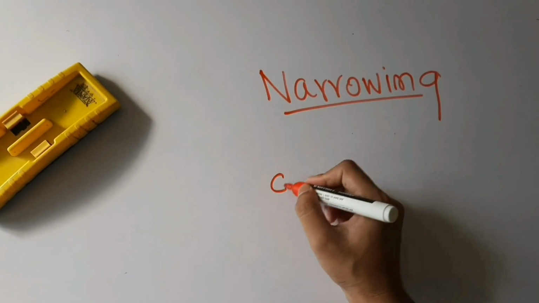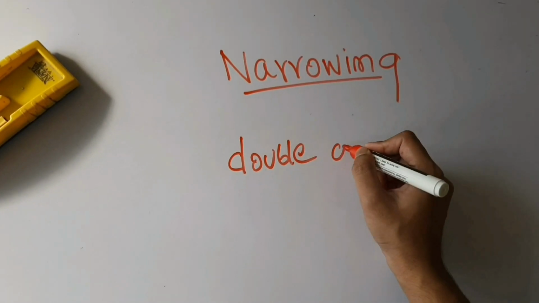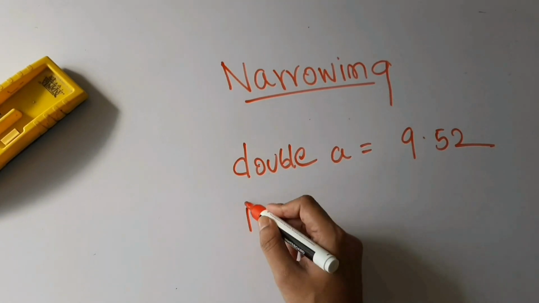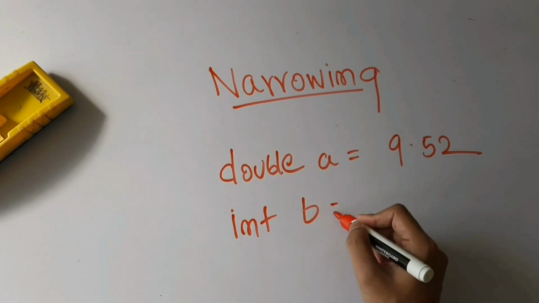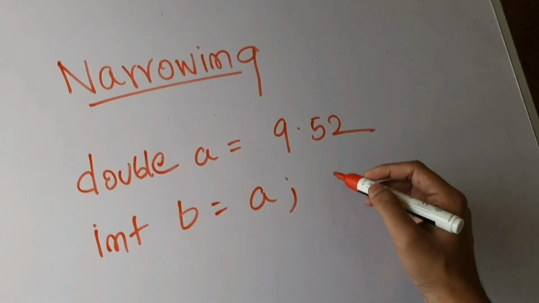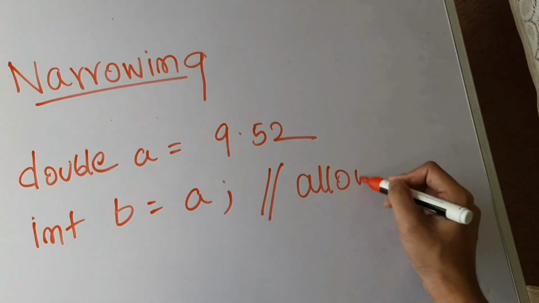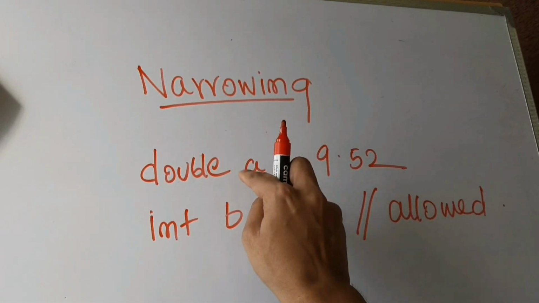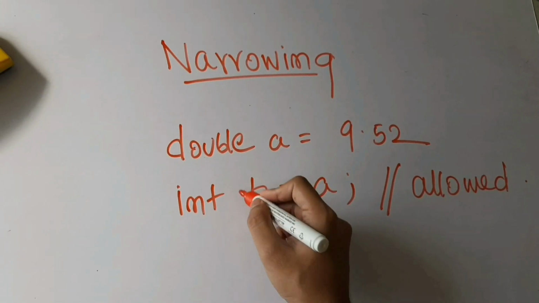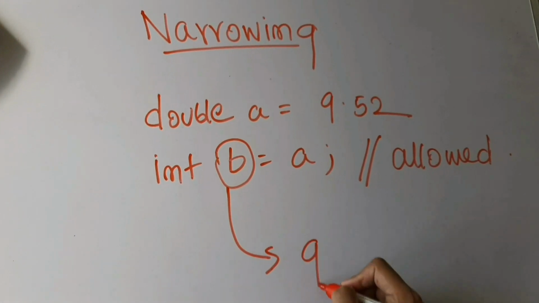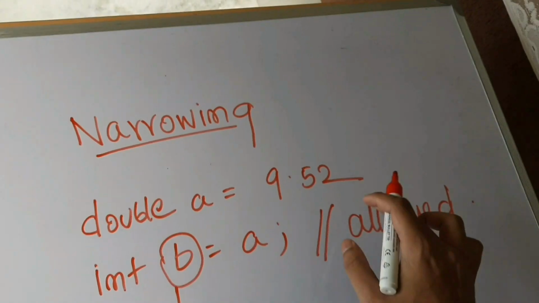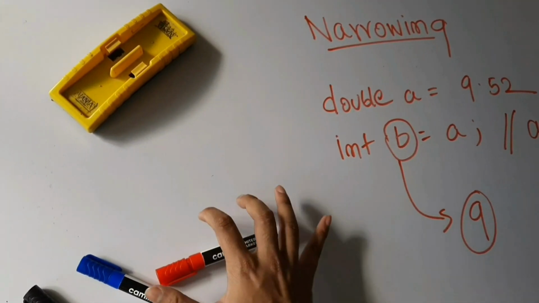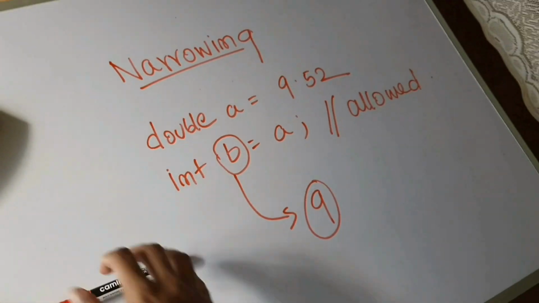For example, if I take double A equals 9.52 and store int B equals A, then this is allowed in C programming. We can assign a double variable to an int. But what this will do is, the variable B will store the value of 9 only. It will truncate the 0.52 right there. So that leads to data loss. This phenomenon itself is called narrowing.